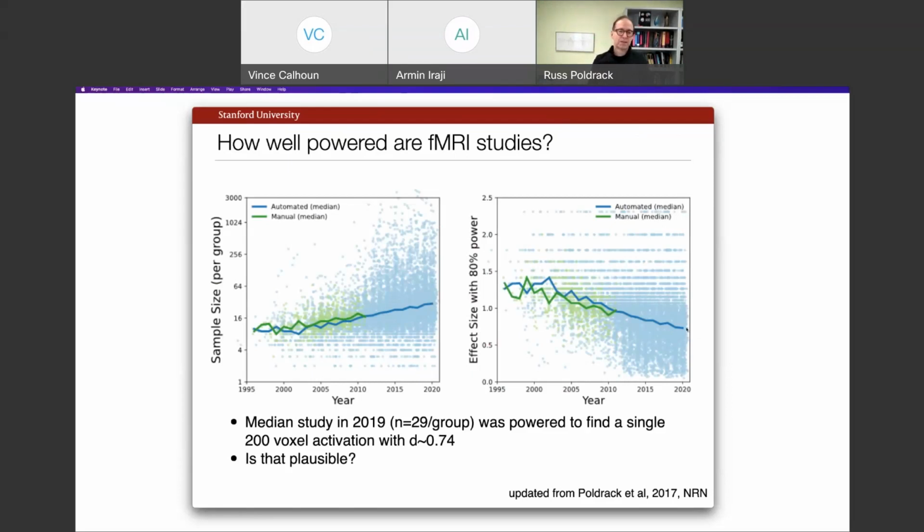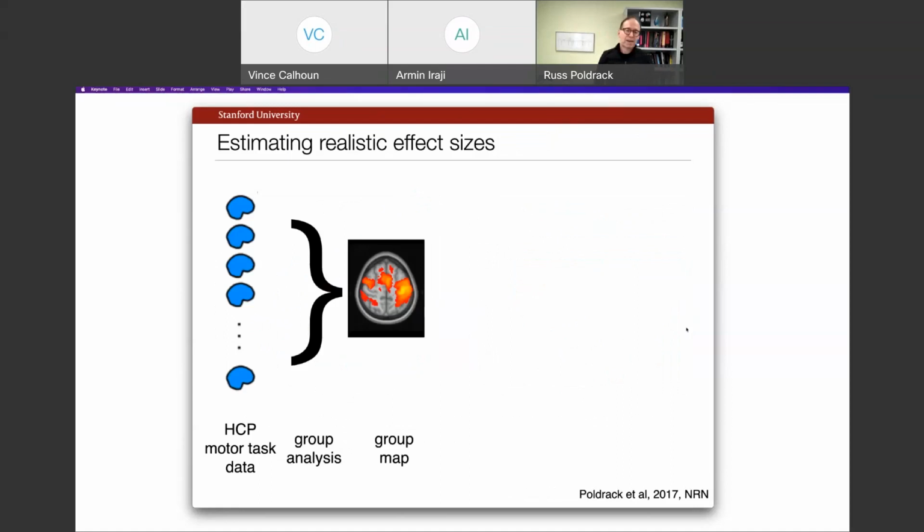So the question is, for example, we can look in 2019, we find that the median study was powered to find an activation with an effect size of about 0.74 Cohen's d. The question is, is that a plausible effect size for fMRI? The problem is you can't look at reported effect sizes because they're basically cherry picking results from a whole brain analysis, so they're going to be inflated.